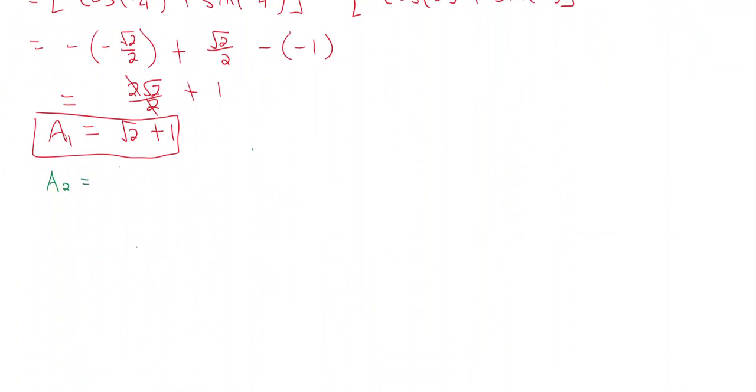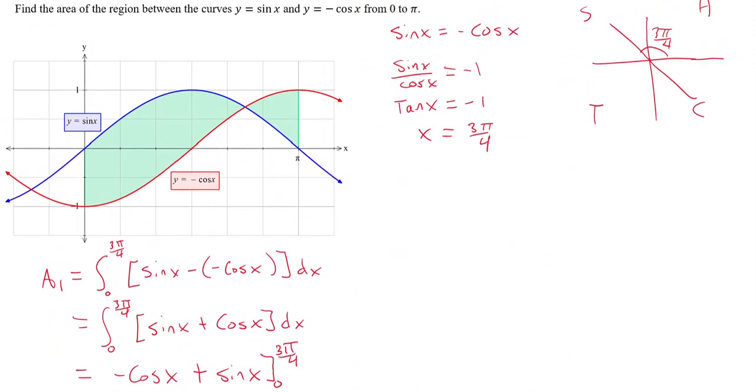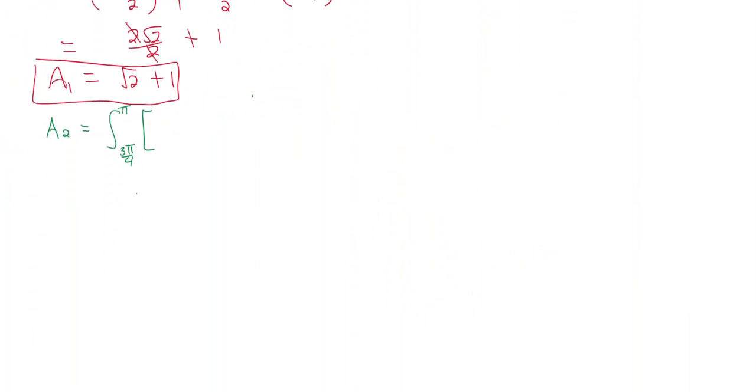That would come from the integral from 3 pi over 4 to pi of, and just be careful because it's flipping now, right? Our negative cos x is on the top and our sin x is on the bottom. So it's negative cos x minus sin x dx.